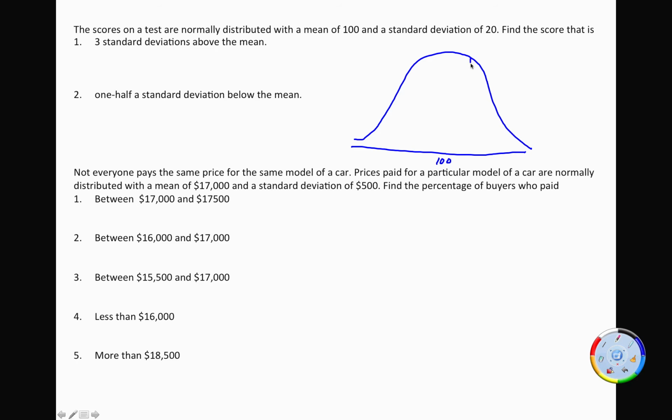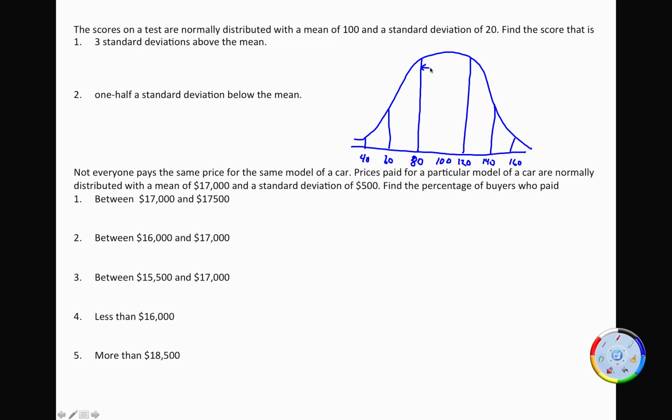If the standard deviation is 20, then if I subtract 20 and add 20, that's one standard deviation away. If I add another 20 and subtract another 20, that's two standard deviations away. Subtract another 20 and add another 20, I'm 3 standard deviations away.